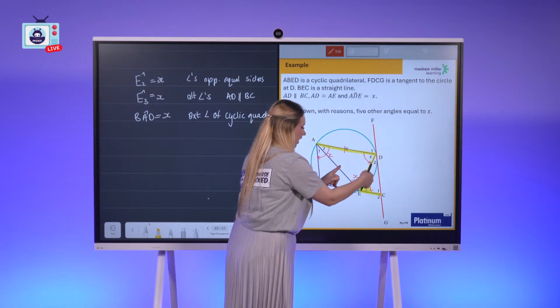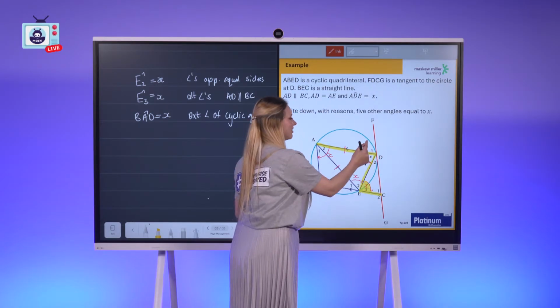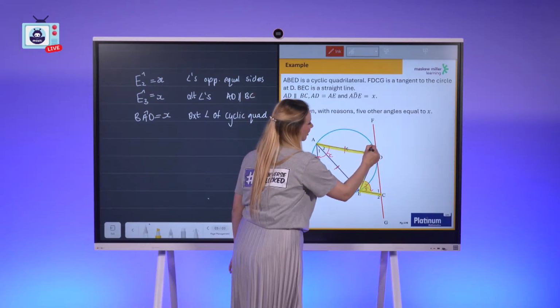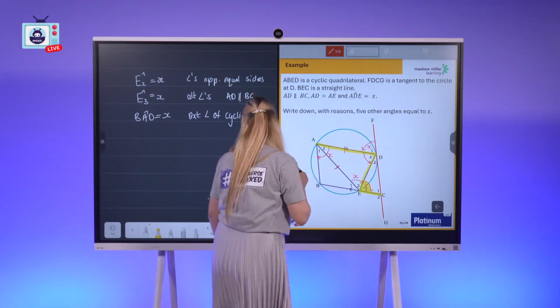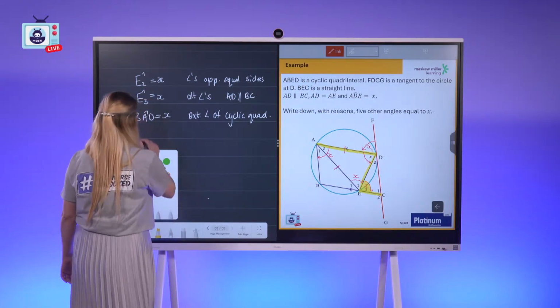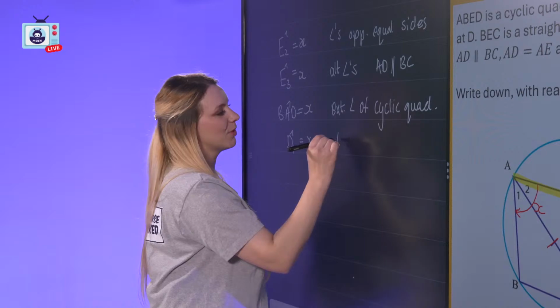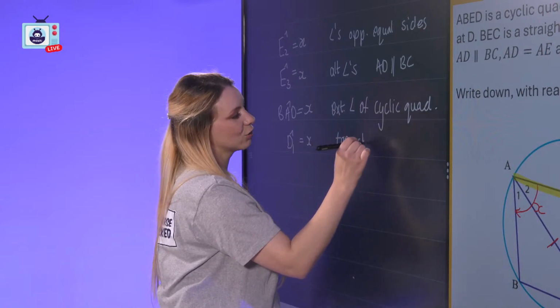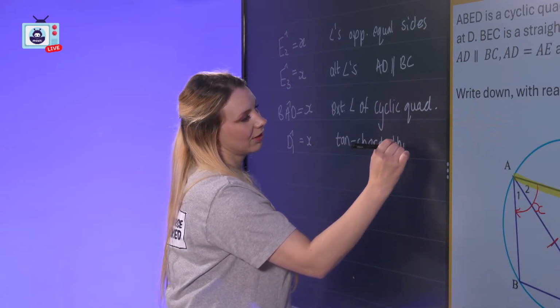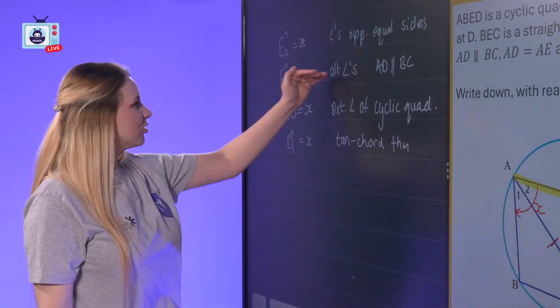AD subtends E2, which means that D1 must also be equal to x. Reason is tan-chord theorem. So we've got D1 equal to x, and my reason is tan-chord theorem.